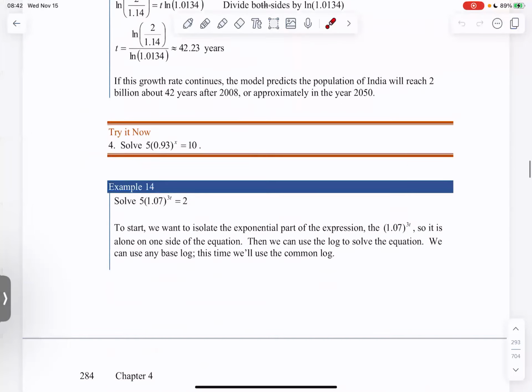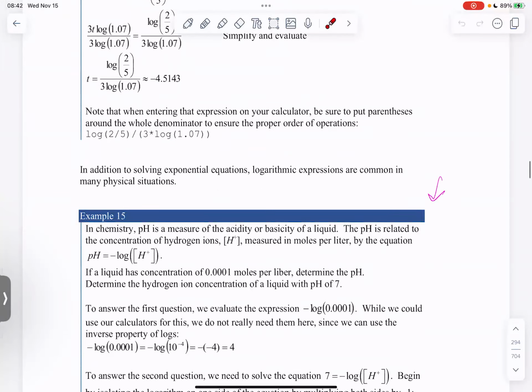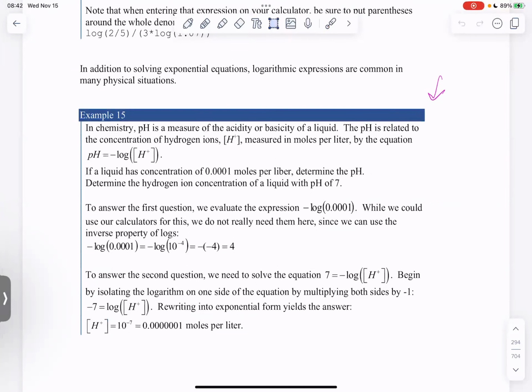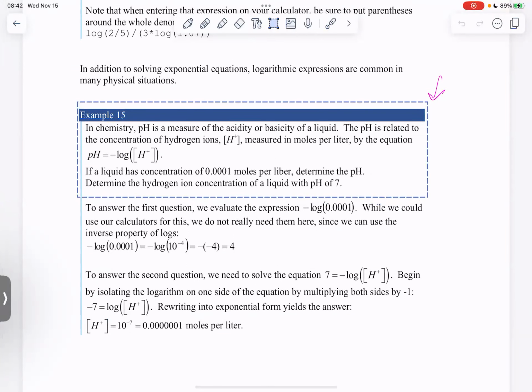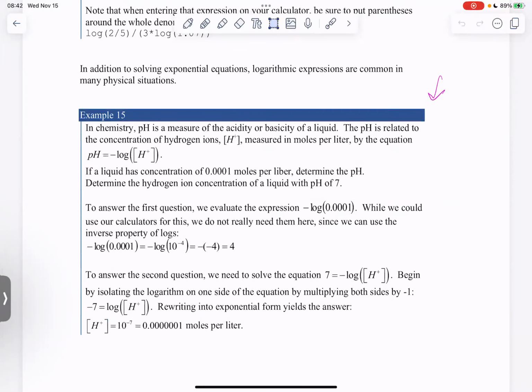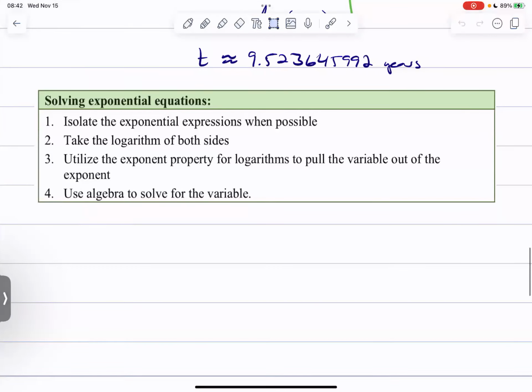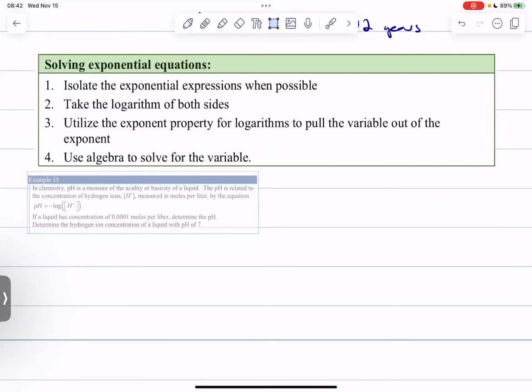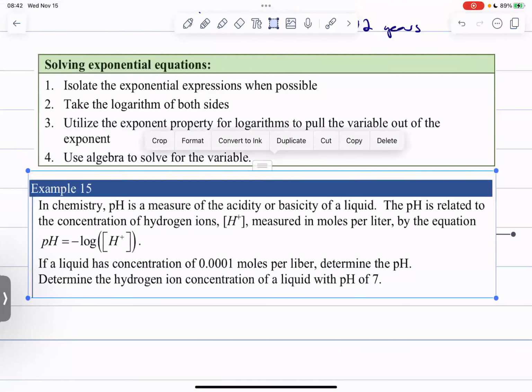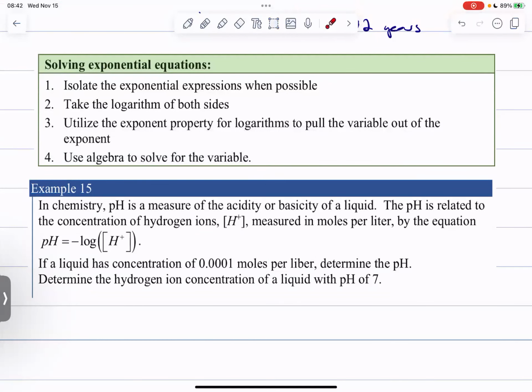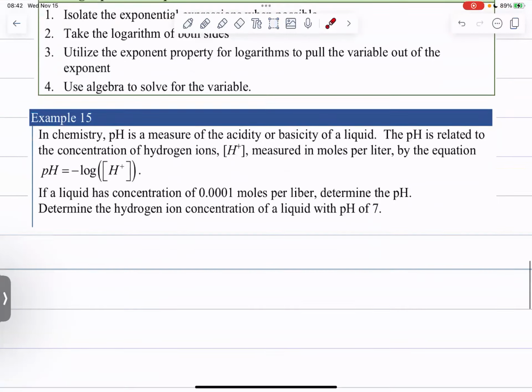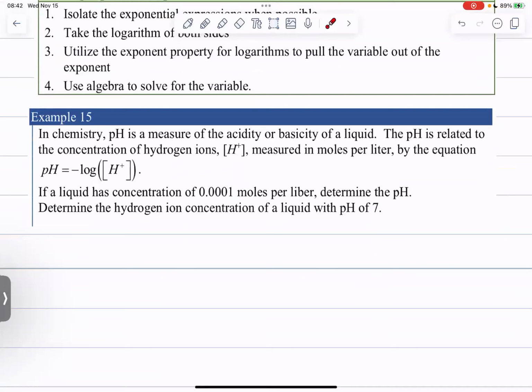There was another example in here that I thought would be kind of fun. So in chemistry, as you know, pH is a measure of the acidity or the basicity of a liquid.